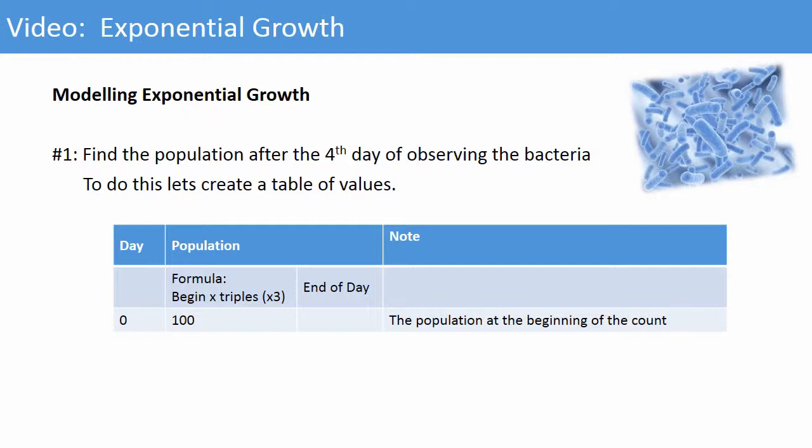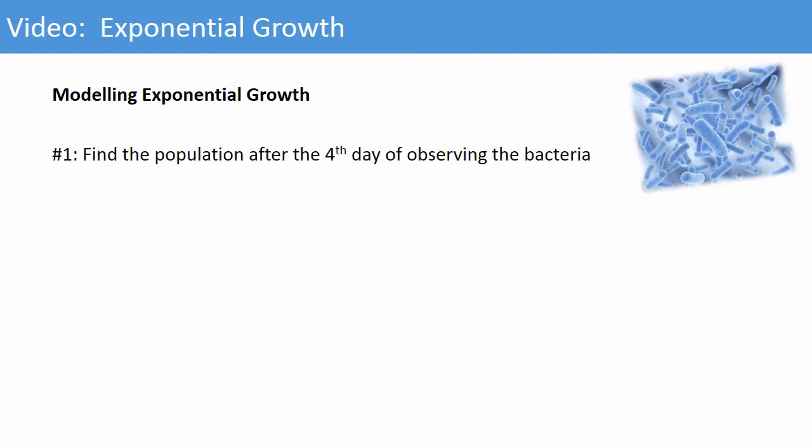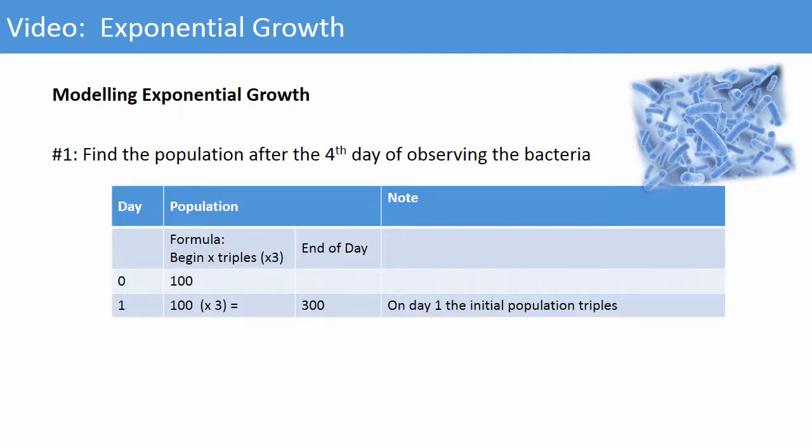So, for the population, we begin with 100 and we know that it triples at the end of the day. So, if we look at day 1, we know that 100 bacteria times 3 would equal 300. So on day 1, we see that the initial population has tripled from 100 to 300.